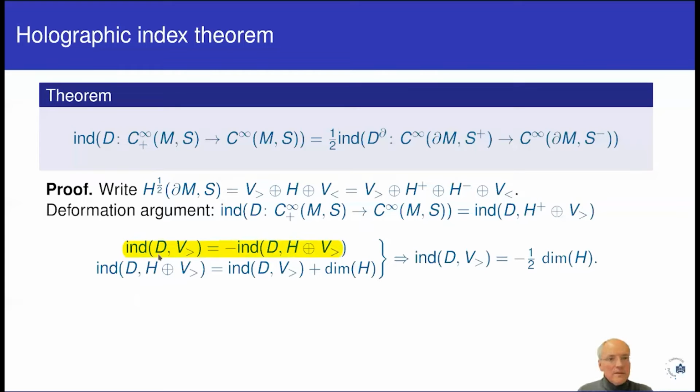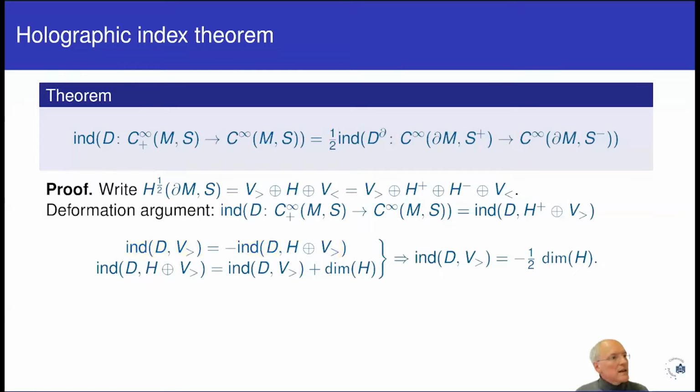Then I can take the adjoint boundary conditions, and they turn out to be V plus, but I have to add the kernel. And since these are the adjoint boundary conditions, I get the negative of the index. This gives me the first yellow line here, because the Atiyah-Patodi-Singer boundary conditions are almost self-adjoint except for the kernel. So if you pass to the adjoint, then you have to add the kernel. So this gives me this one line.